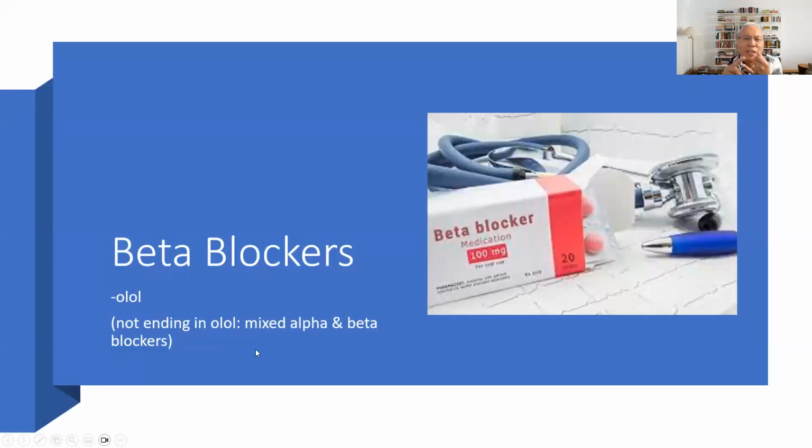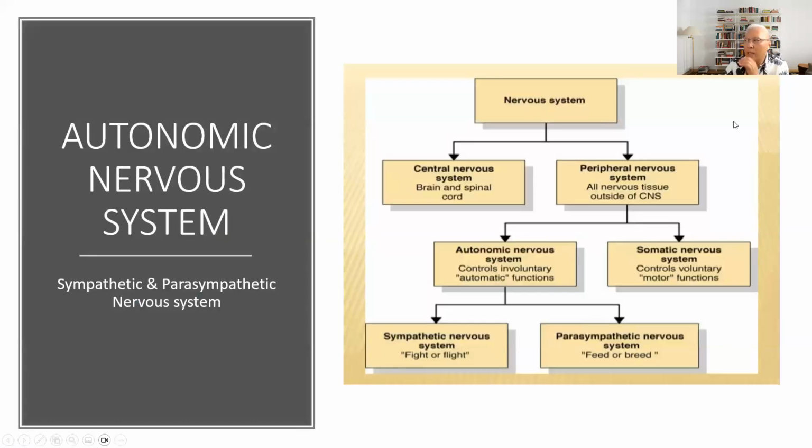So we finish with ACE inhibitors and we finish angiotensin receptor blockers. So now we're going to talk about beta blockers. And beta blockers are something that influences or alters the autonomic nervous system. So what do I mean by that? So let's go back to the autonomic nervous system.